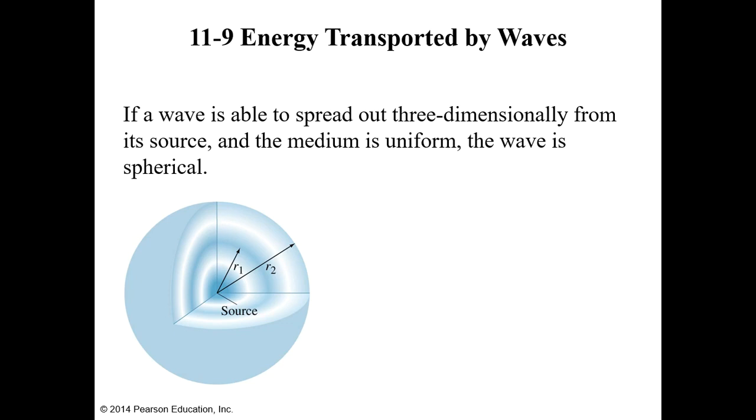In fact, we can get better than this. Remember what we said a couple slides ago, that the power at point 1 is equal to the power at point 2. Well, intensity equals power divided by area, so power then is equal to intensity times area. And so that tells us that the product, intensity times area, is equal for both points as well. Well, how do we calculate area?